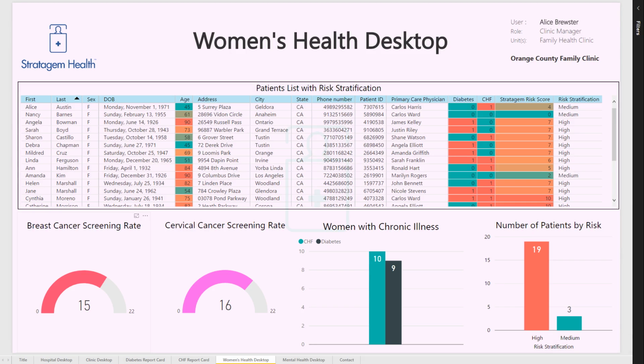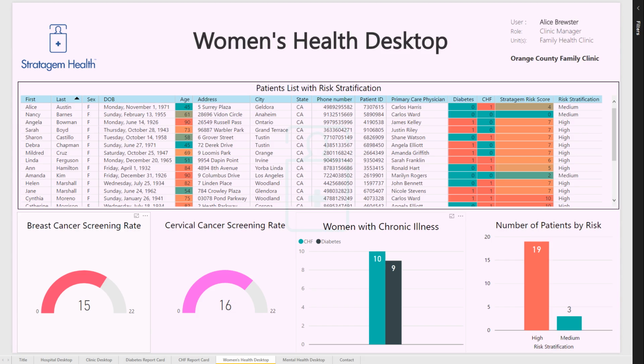items for a case manager or a nurse to, for example, call a list of patients who've not had a breast cancer screening done in a time frame, let's say 1 to 2 years time. The case manager would be able to run a report, look at her patients that have not had a mammogram screen, and then be able to call them. The same is true of those patients that have not had a pap smear for cervical cancer screening.